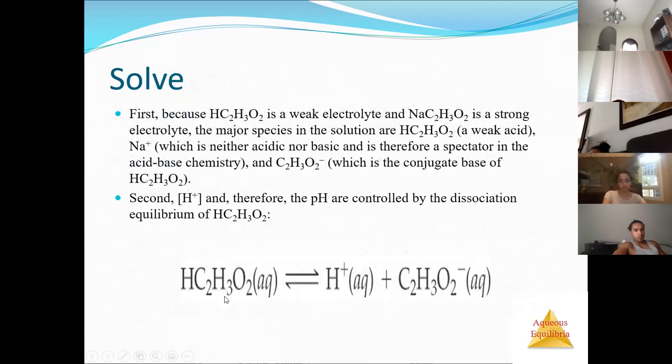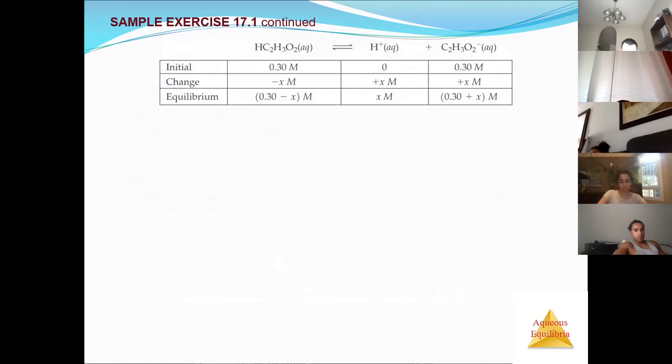My overall equilibrium is acetic acid reacts to make H+ and acetate. If my initial acetic acid is 0.30, then I have 0.30 minus X. I'm going to disregard the X. And acetate is 0.30 plus X. I'm going to disregard that X.